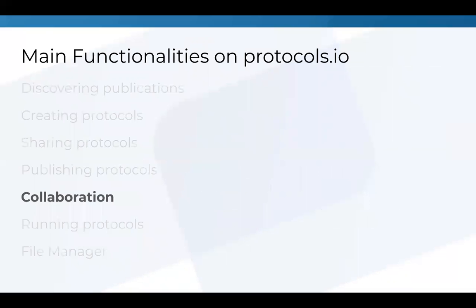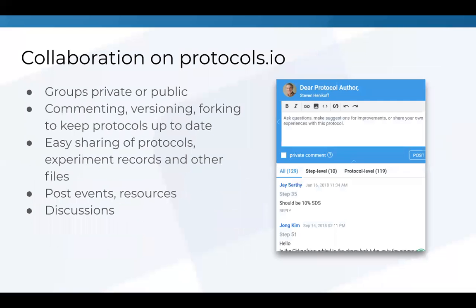For collaboration in protocols.io, there are groups. You can have groups, either private or public. And as mentioned before, there's the commenting functionality, so people can really collaborate on the protocols directly through it. You can easily share the protocols with others, and also experiment records and other files through the file manager.